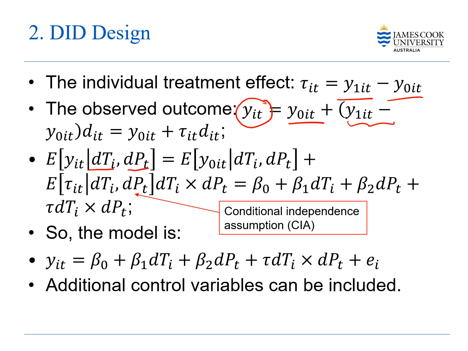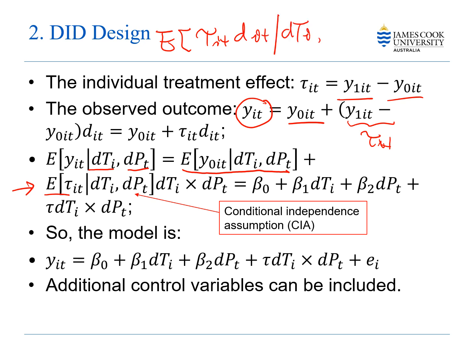The first term is this. For the second term, we know that Y1it minus Y0it is tau it. Let's look at the second term first: the expectation of tau it times dit, conditional on dti and dpt.